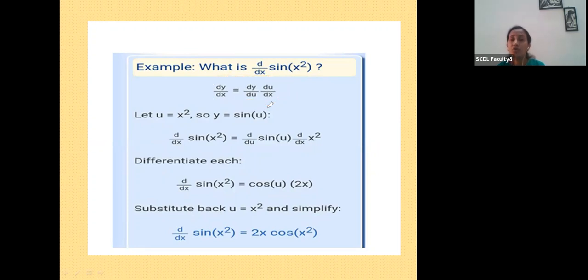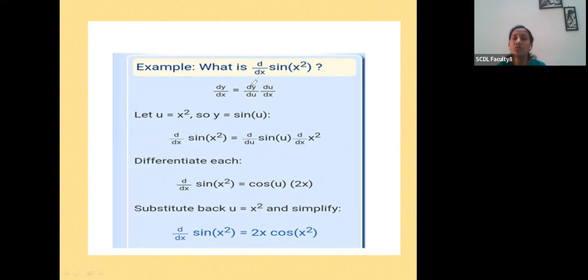Dy upon du means derivative of y and du upon dx derivative of u. Okay, so let's consider u is equal to x square and y is equal to sine.